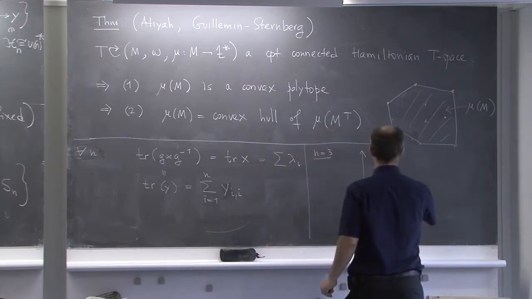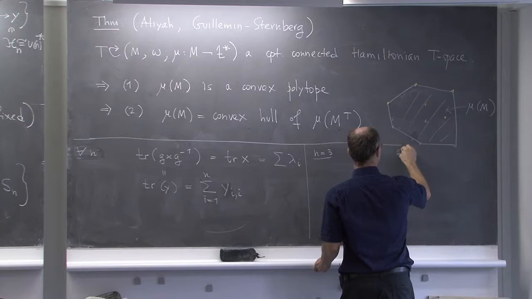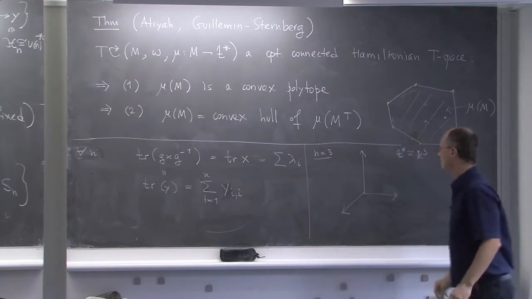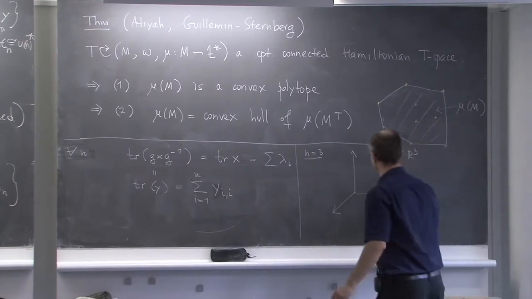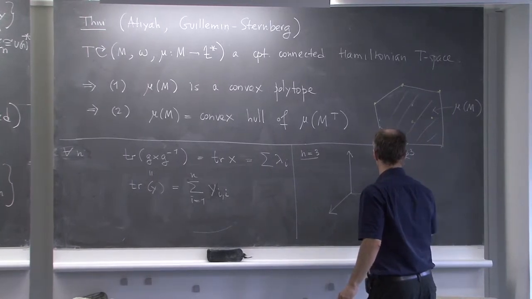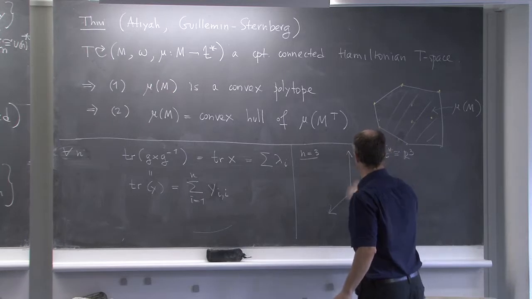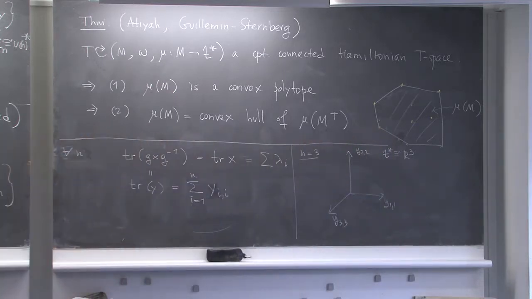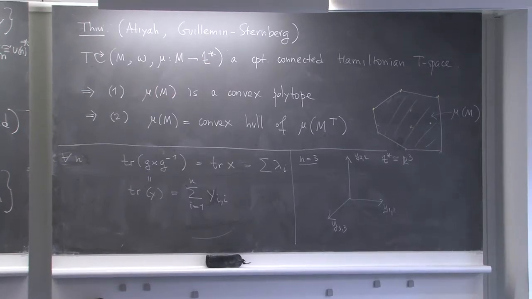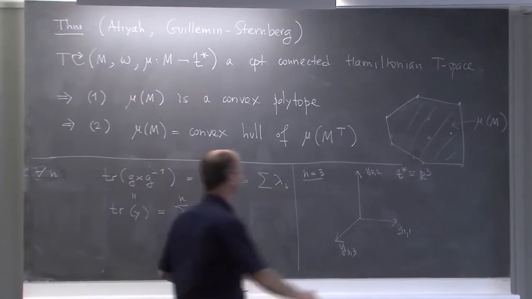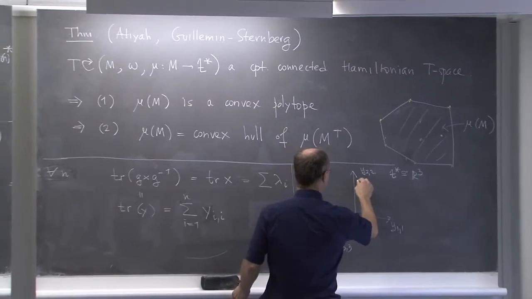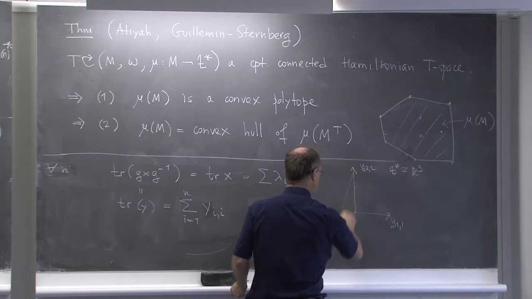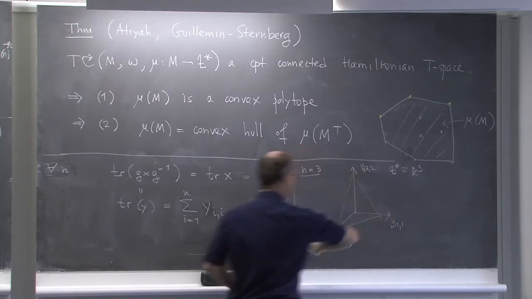That's my space T star isomorphic to R3, with coordinates y11, y22, y33. And I know that the images of my coadjoint orbits lie in those hyperplanes.